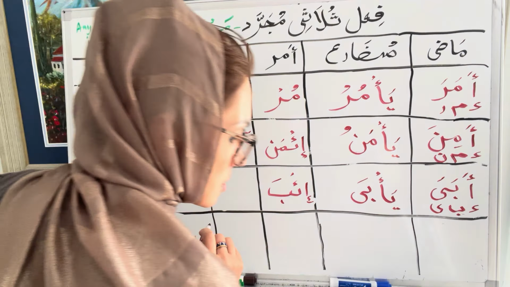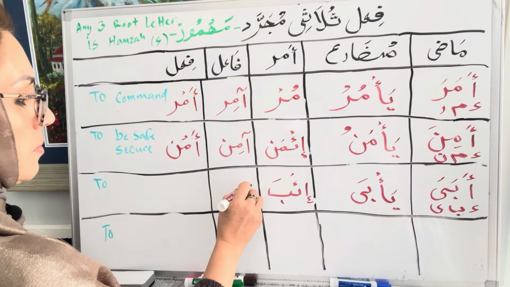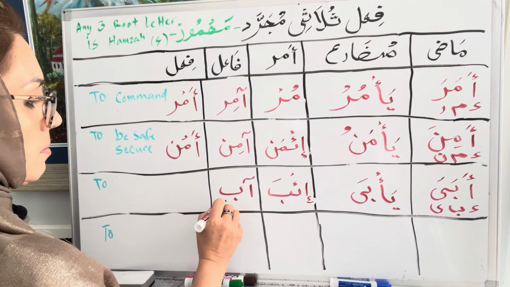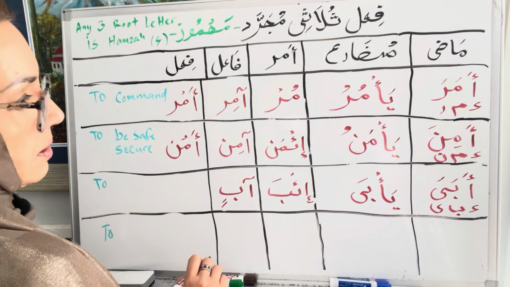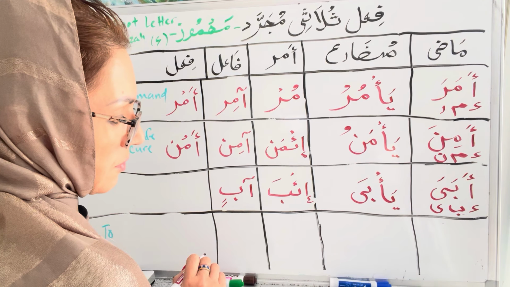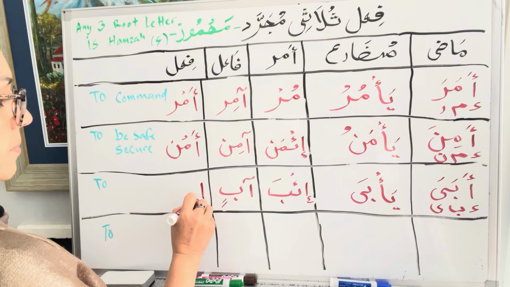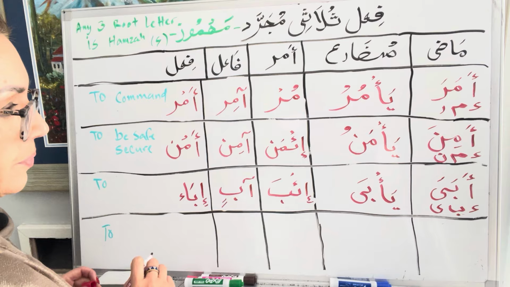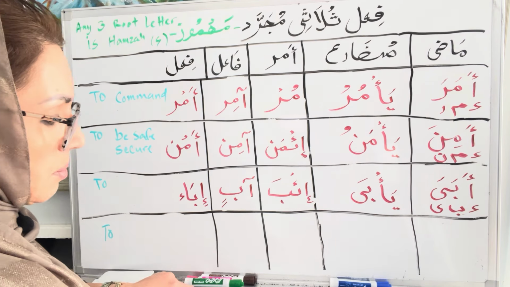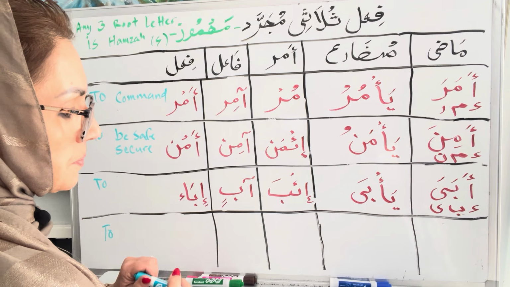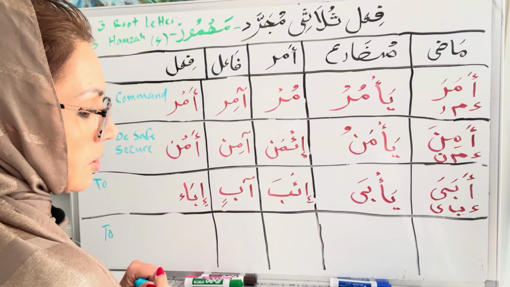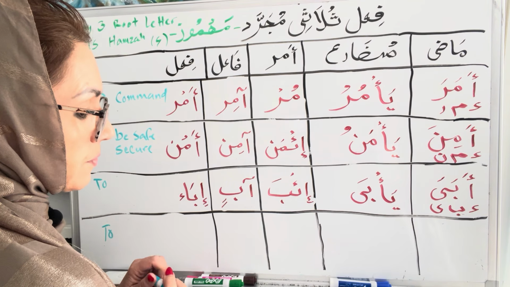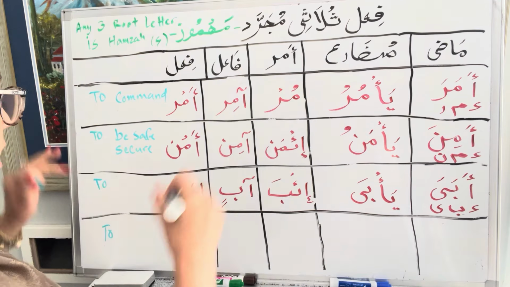Abin. And then we have iba. Sorry, it means to refuse. To deny, to refuse.